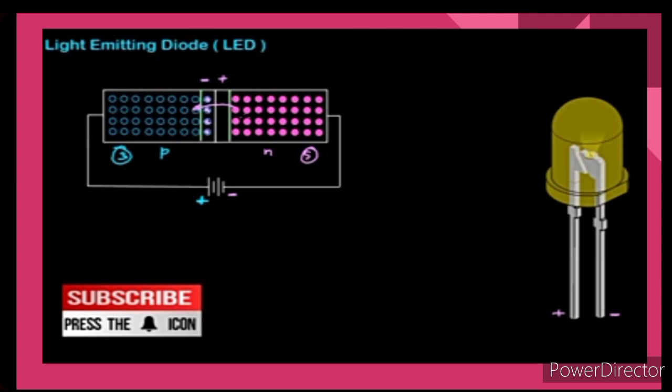The construction of an LED is similar to the normal PN junction diode, except that gallium, phosphorus and arsenic materials are used for construction instead of silicon and germanium. In a normal PN junction diode, silicon is most widely used because it is less sensitive to temperature.